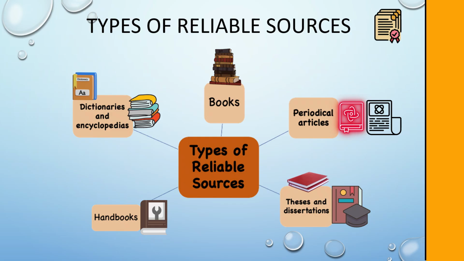For example, books written by scholars, periodical articles written by scholars, theses and dissertations by students, handbooks published by enterprises or academic authorities, and dictionaries and encyclopedias. These are the main five reliable sources that you will search in when you write your research project.